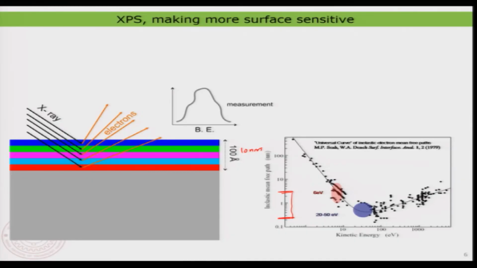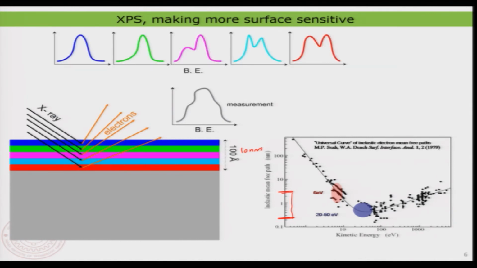Of course, if it is just one type of material on a surface, no problem, we can nicely do the experiment and get the spectrum of that particular material. But this is a very special case where I try to generate thin films of different materials which are stacked on top of each other. So, now what happens if I measure the spectrum? I would get a spectrum which is the sum of all these different spectra.